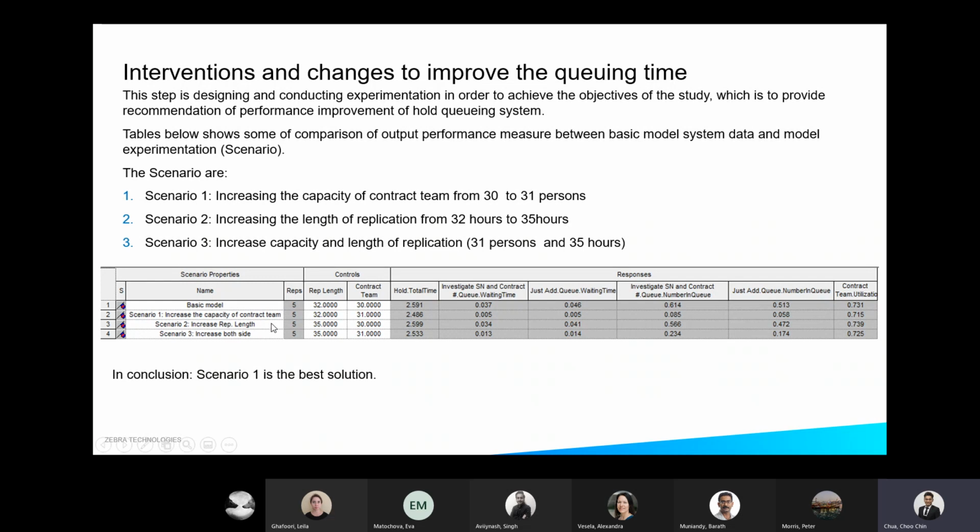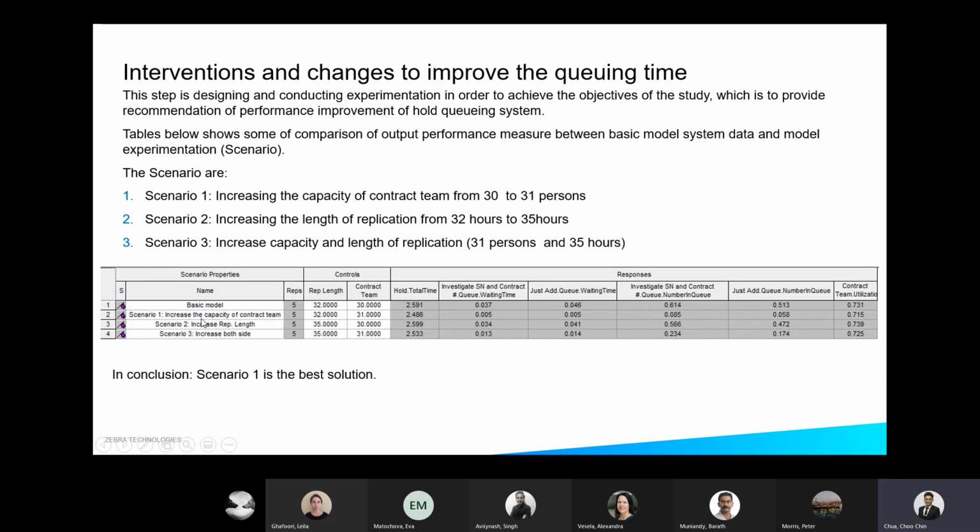We can see the result: total hold time increases, but the hold waiting time decreases. The waiting time for the just added also decreases, and the queue number also decreases compared with the basic model and scenario 2.